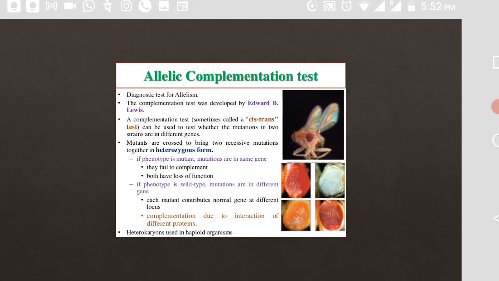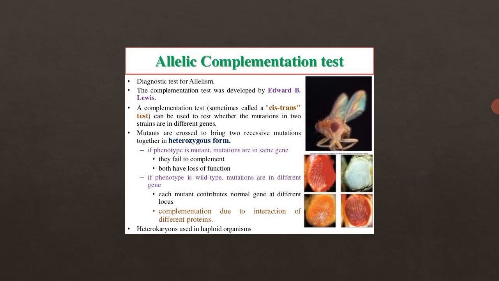So for example, take the red color eye. In Drosophila, there is a white color gene, or we can say a white color protein, responsible for synthesizing the white color for their eye, and then they have the red color protein.